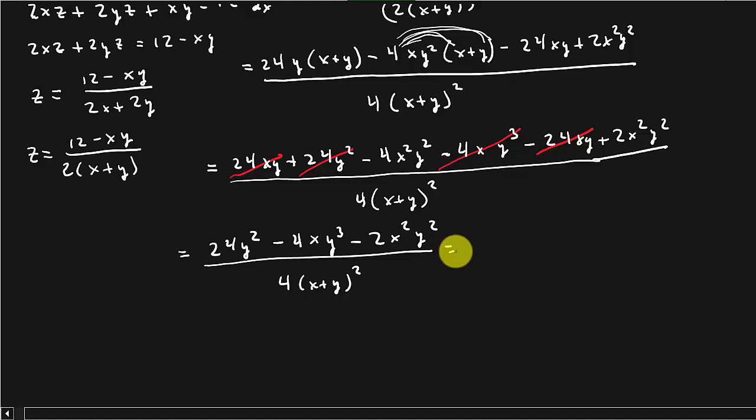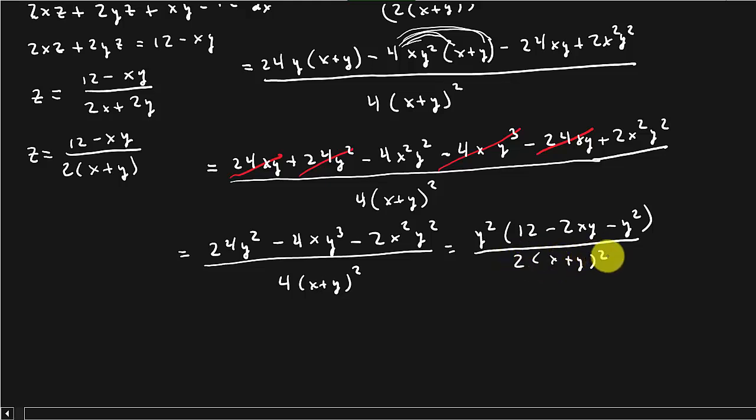Let's factor out a y squared times 12 minus 2xy minus y squared over 2 times x plus y squared.